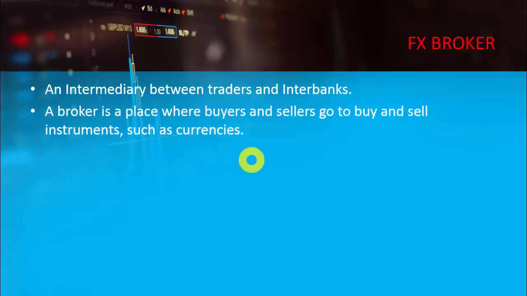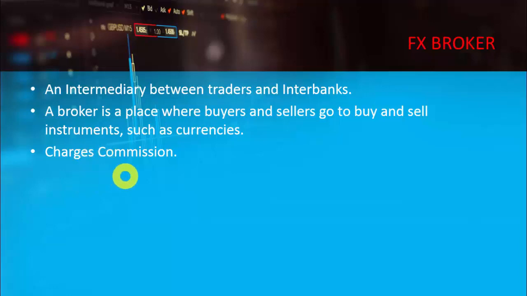Okay, it is a place where buyers and sellers go to buy and sell instruments such as currencies online. And basically a forex broker makes money from charging commission. The main bread and butter of a broker is charging commission in terms of spread.